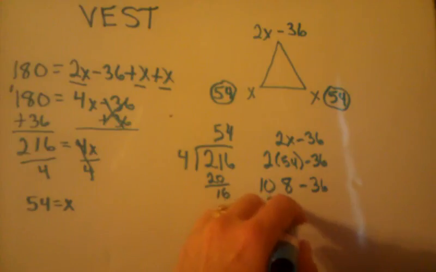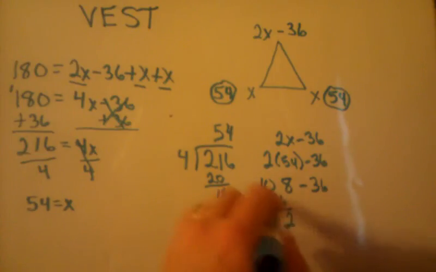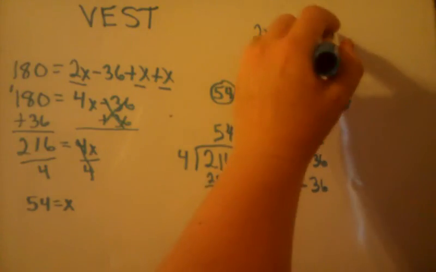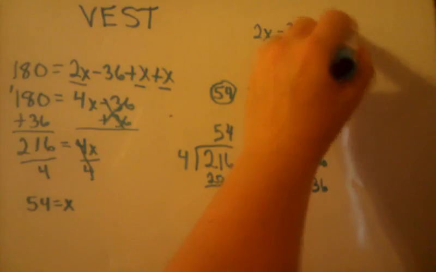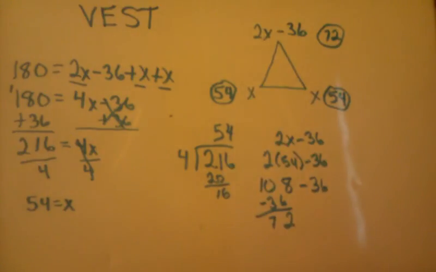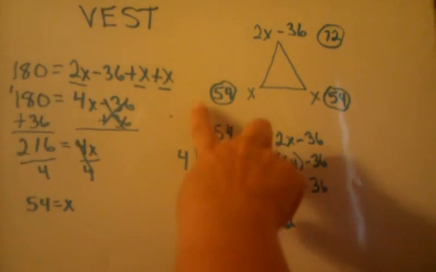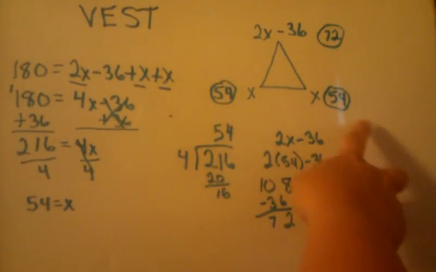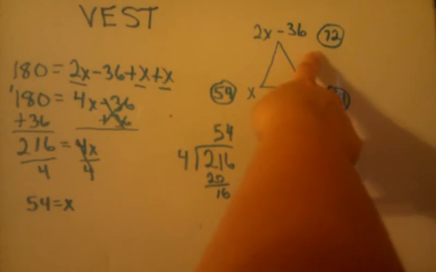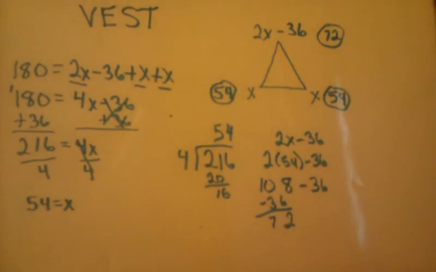Minus 36. 8 minus 6 is 2. 10 minus 3 is 7. So this angle is 72 degrees. So the first and second angles measure 54 degrees because they're equal. So my first blank is 54. And the third angle measures 72.